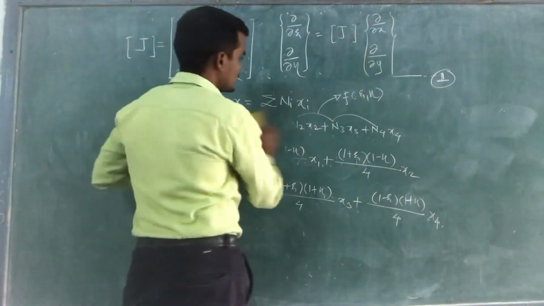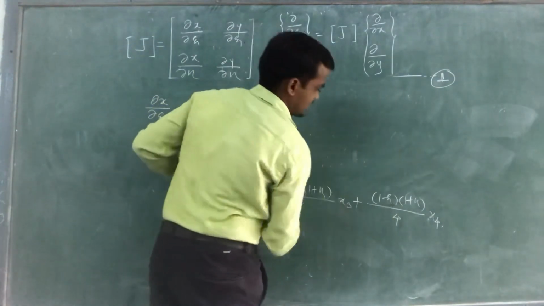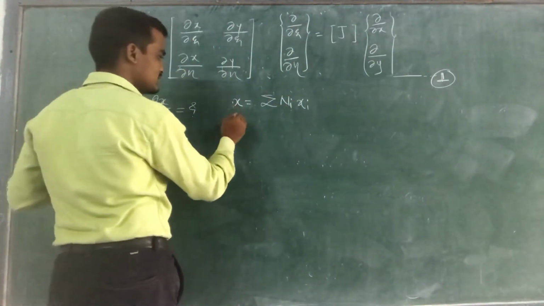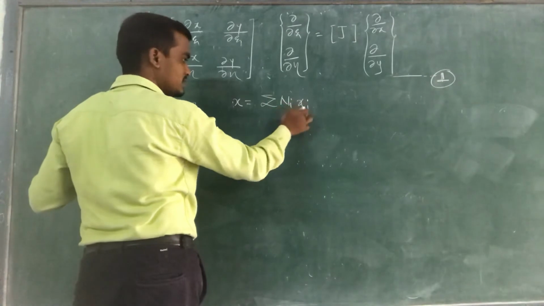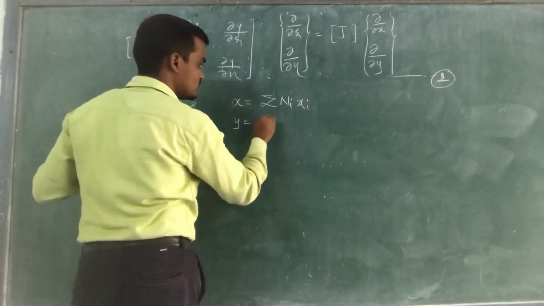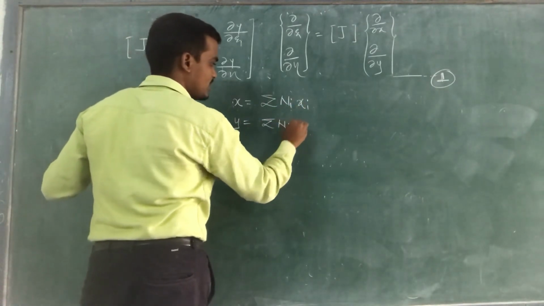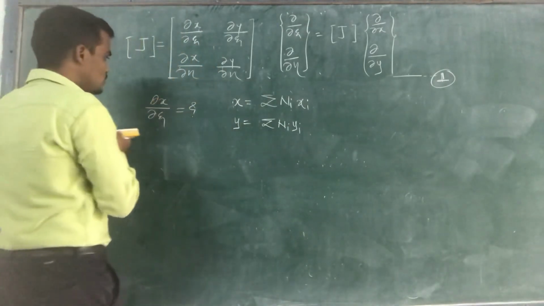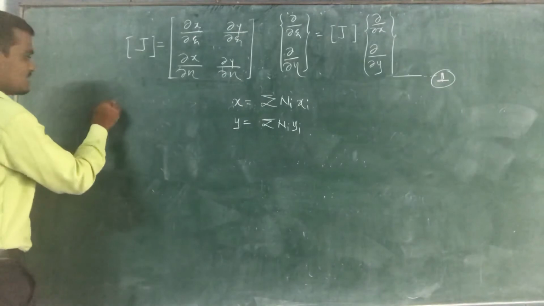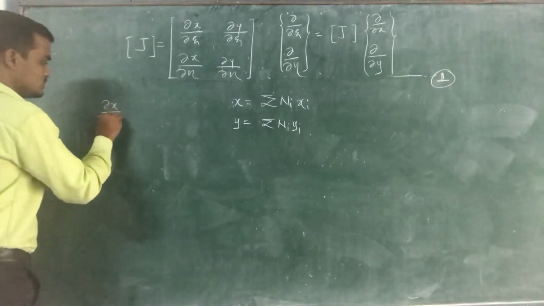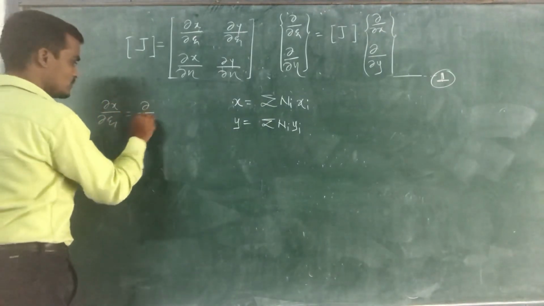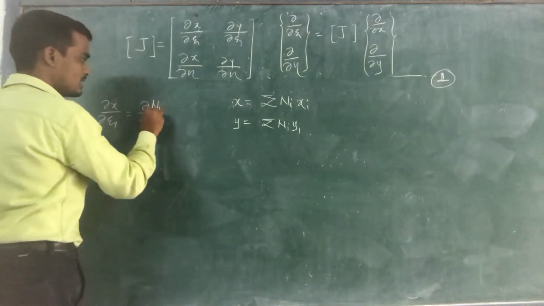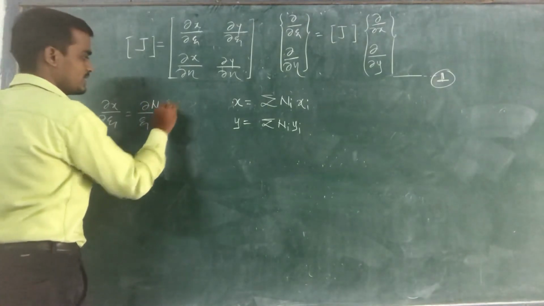Okay. So simply you can write x is equal to summation of Ni xi and y is equal to summation of Ni yi. So simply to find ∂x/∂ζ, we can write ∂/∂ζ of Ni into xi.